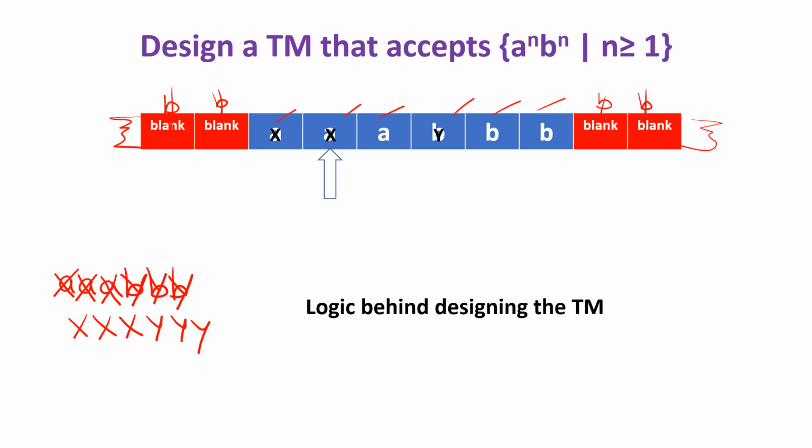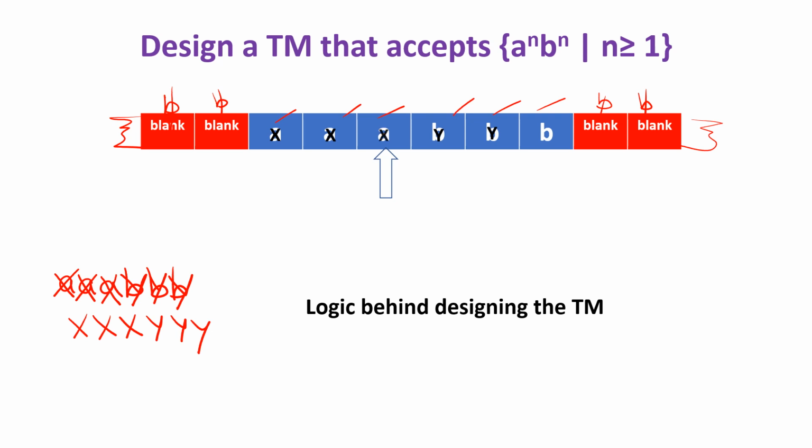Again, replace A by X, move towards the right to find the leftmost B, replace it by Y and go back left until I come across the leftmost A. The leftmost A is found when we come across an X; once we come across an X, move towards the right. That will be your leftmost A. This completes the second cycle.